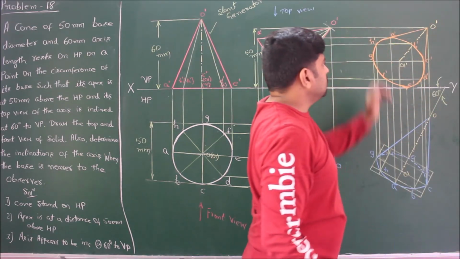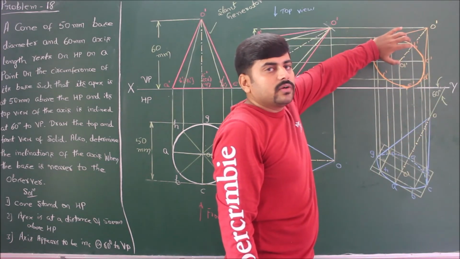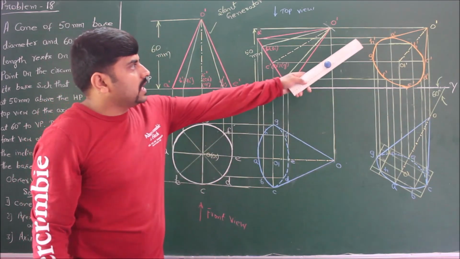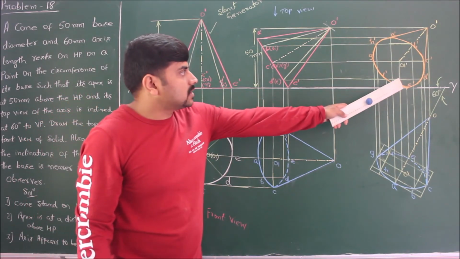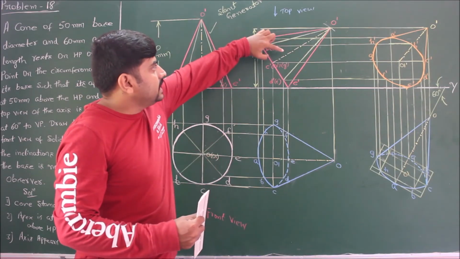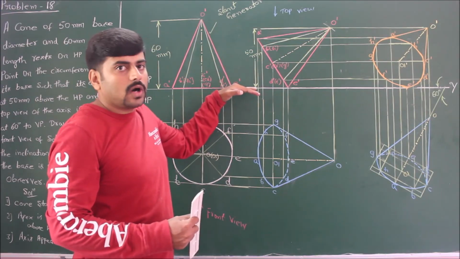So drawing tangents, we will get the final view which is required. As per the given question, the cone is resting on one of the points on the horizontal plane. Finally, he has asked us to find the inclination of the axis with respect to the horizontal plane.